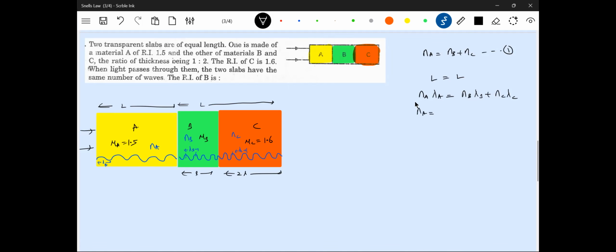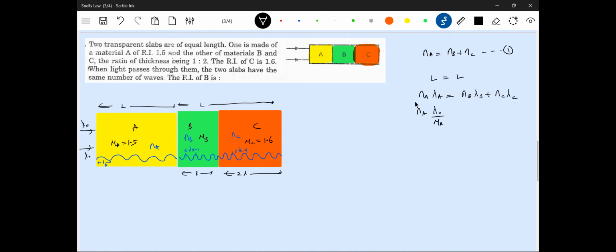What do you mean by lambda A? Lambda A should be equal to lambda naught, the wavelength of light in vacuum. Everything here is in free space or vacuum. Now it will enter into a medium. In different mediums, it should be different.